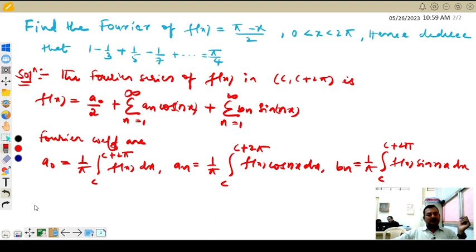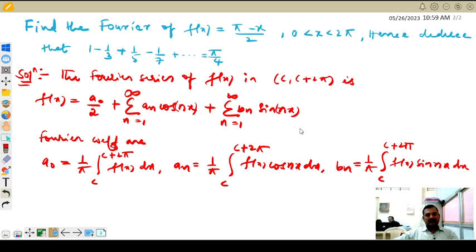Now let us find out a naught, a n, b n, and substitute in the given Fourier series. You will get the given series.